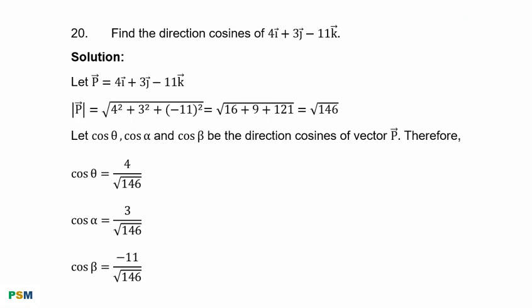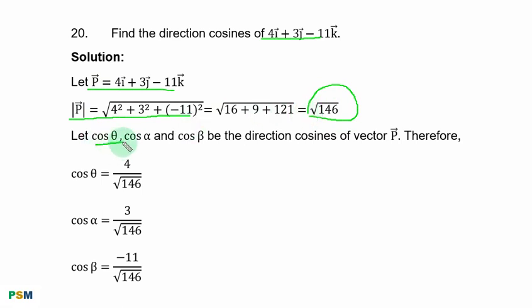Example 20. Find the direction cosines of this vector. Solution: let vector P be equal to the given vector. To find the direction cosines, we need the magnitude or the modulus of the given vector, and that is square root of 146.